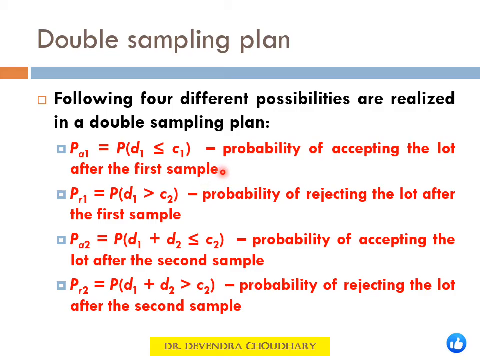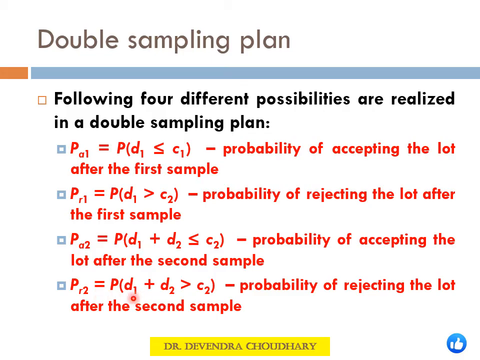If the lot is neither accepted nor rejected after the first sample, then based upon combined defectives, we decide to accept or reject the lot. If the combined defectives are less than or equal to the second acceptance number C2, we accept the lot, and this is known as the probability of accepting the lot after second sample, PA2.